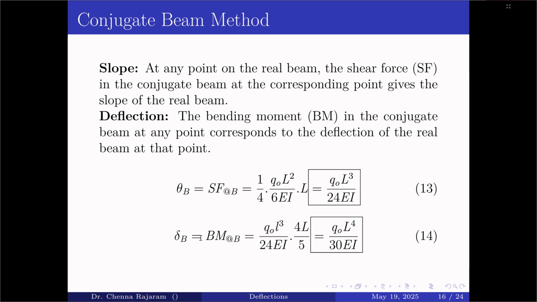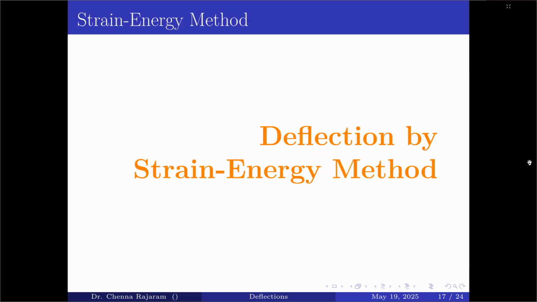Similarly, the deflection at B is equal to the bending moment at point B, that is Q naught L cube divided by 24 EI into 4L by 5, which is equal to Q naught into L to the power of 4 divided by 30 EI. So this is how we calculate the slope and deflection of a cantilever beam using the conjugate beam method.